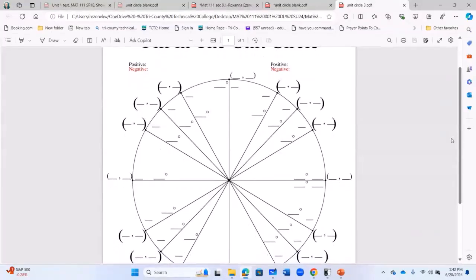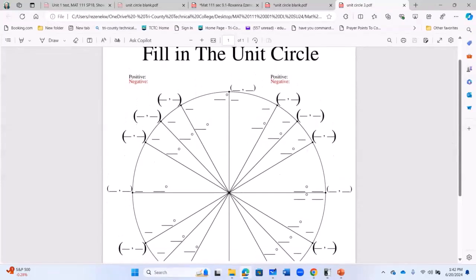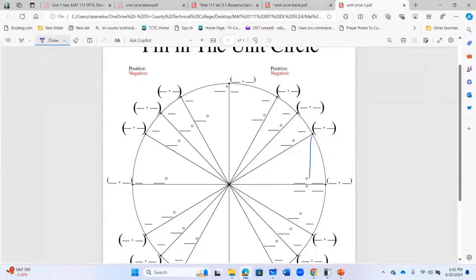Okay, now at this point, we want to just talk about any arbitrary point on the unit circle. So I want to find the trig ratios of 30. Let me start from here. This is 30 degrees. So the angle is 30, which I can also write as pi/6, right?